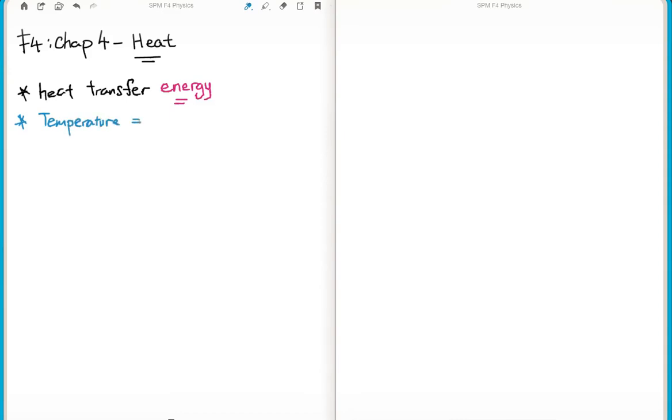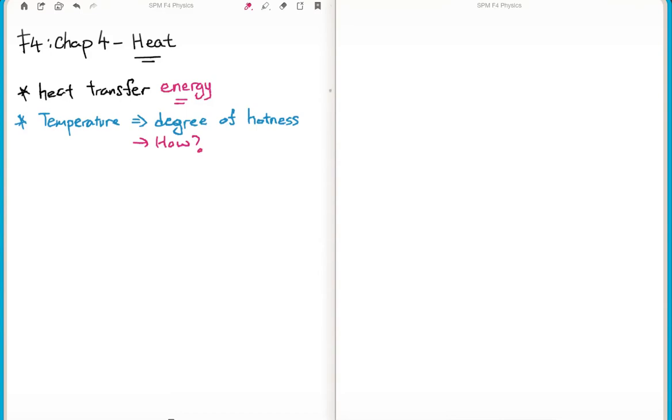Temperature is used to gauge the degree of hotness. When it's hot, how hot is it? This answers the question of how. How hot is it? When it's cold, how cold is it?